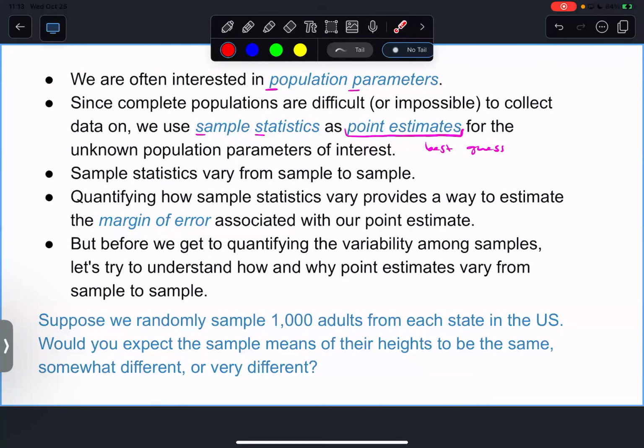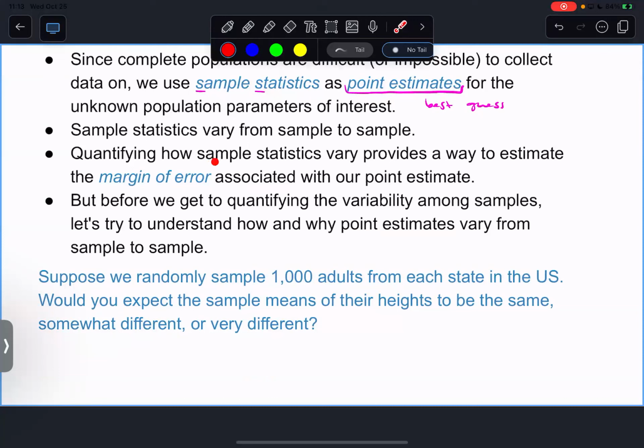That's what statistics is all about: I've got this best guess, but I also understand that if I took a new sample, it would change a little bit. So now there's variability around this estimate, and we're working towards quantifying that variability.